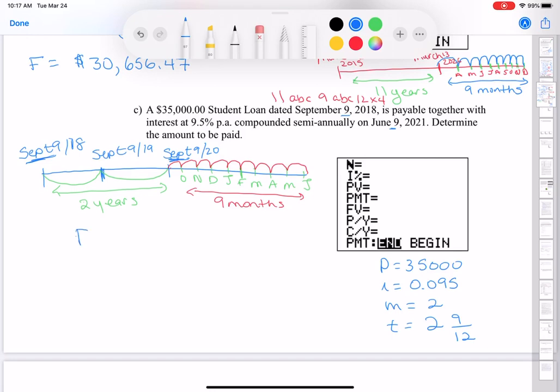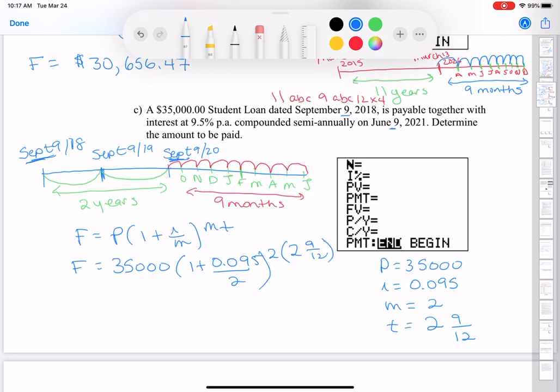All right, we can take our compound interest formula, substitute in our variables for numbers. Again, we have another complicated exponent that we may want to clean up a little bit so it's easier to get in our calculator.